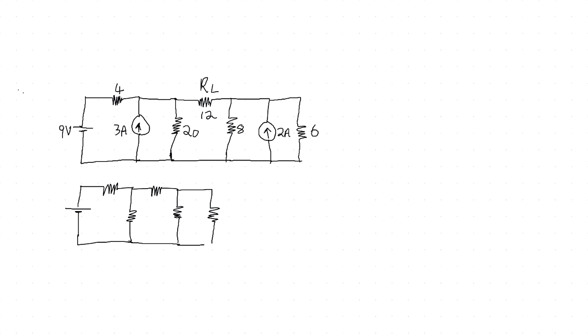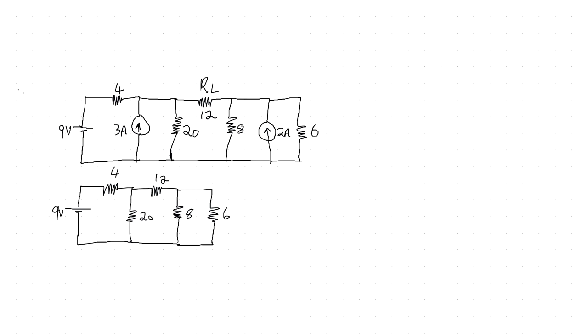When you eliminate a current source, you open circuit, so I will just remove the two current sources.